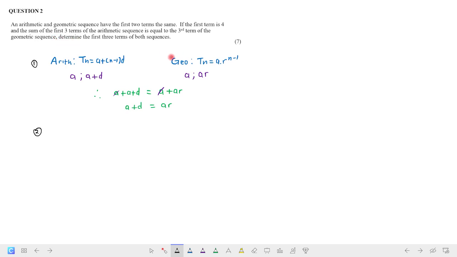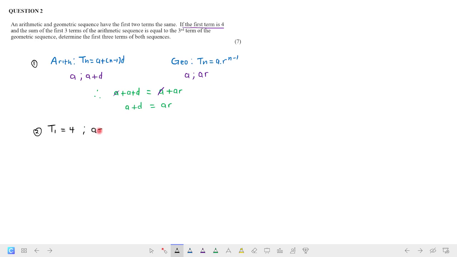Alright, now here we see the first sentence they're saying is that the first term is 4. Now we know that in English the minute you see "and", it means there's going to be another sentence. So they're saying T1 is 4. If T1 is 4, we know that T1 is a, so this means a is 4.